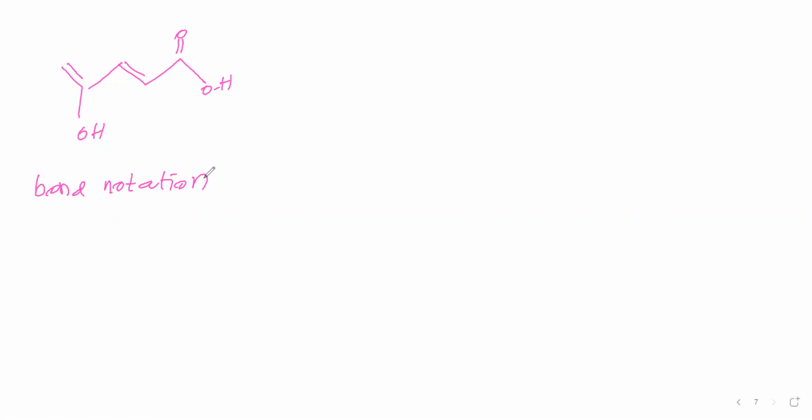At each corner, carbon will be there. Therefore, at this corner carbon is there, then double bond. At this carbon, an OH group will be there down. At this corner, carbon is there, single bond. This is a double bond, here carbon. Here single bond, here carbon. Double bond OH.